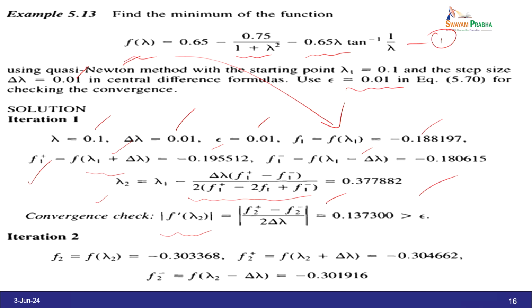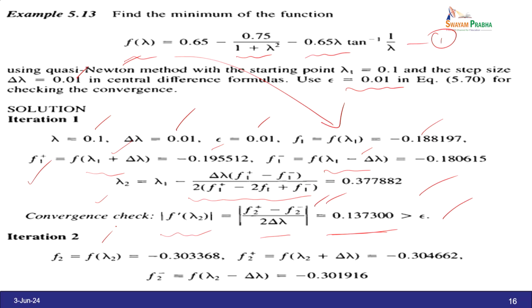This lambda 2 is substituted, and F2 minus you also substitute lambda 2 minus delta lambda into the given function. So, the values of F2 plus and F2 minus can be obtained, divided by 2 delta lambda. Delta lambda is 0.01, and substituting here, it becomes 0.137300, which is positive, which is greater than epsilon. So, we have to go to the next step.